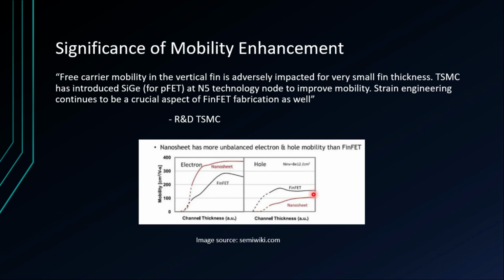So it's important that strain engineering in nanosheet technology has to be used, be it in 2 nanometer technology or 3 nanometer technology or the 20 angstrom technology of Intel. The reason why I'm saying it is a complicated and fine-tuned procedure is because if the process is not so controlled, it could lead to crystal defects.